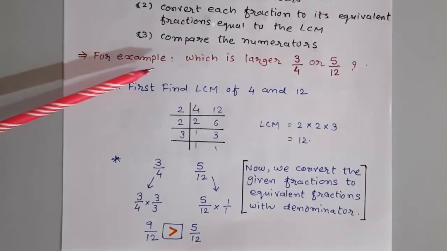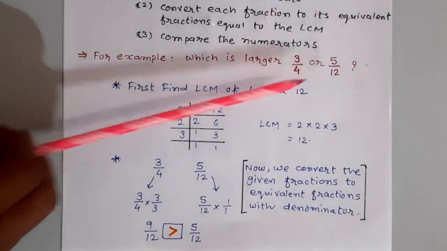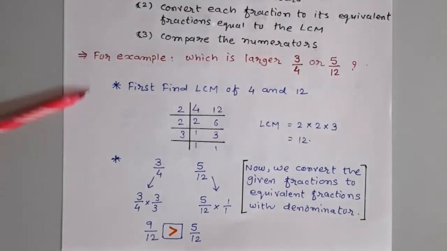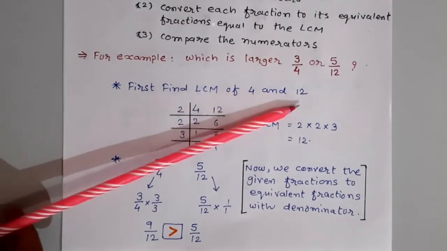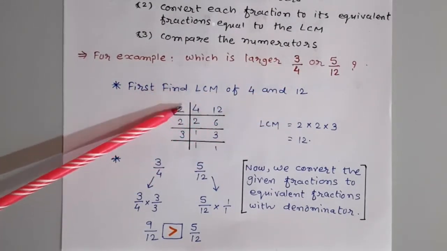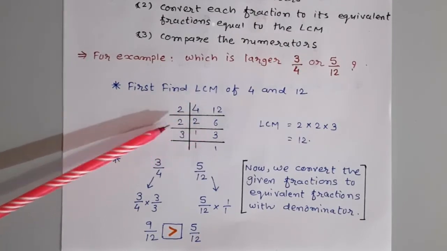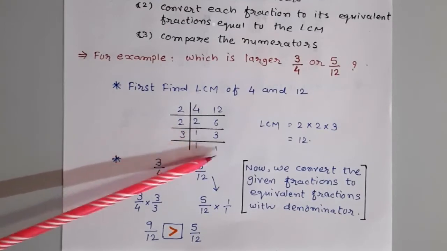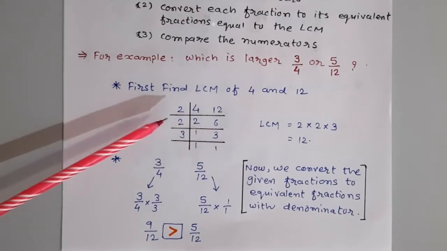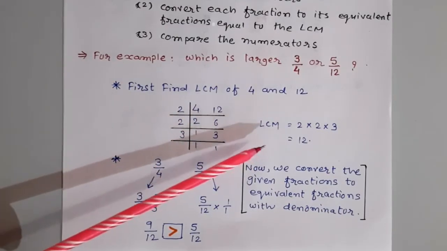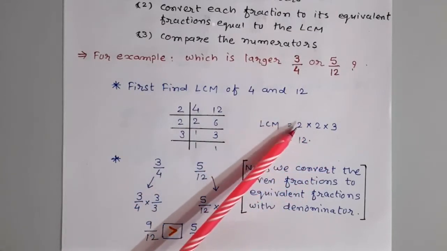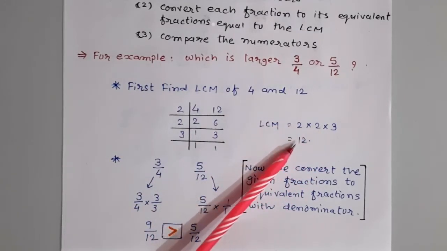For example, which is greater, 3 upon 4 or 5 upon 12? First, find the LCM of 4 and 12. 2 2s are 4, 2 6s are 12, 2 1s are 2, 2 3s are 6, 3 1s are 3. So the LCM of 4 and 12 is 2 2s are 4, 4 3s are 12.